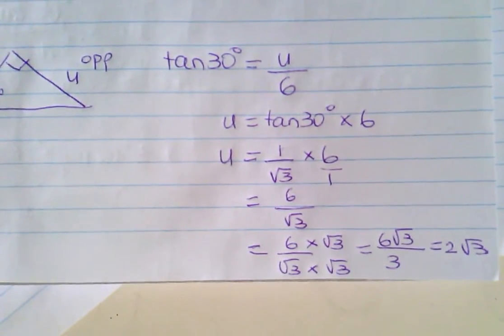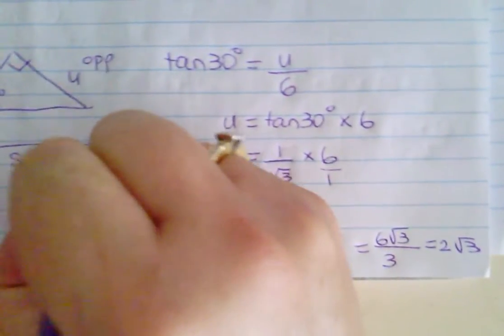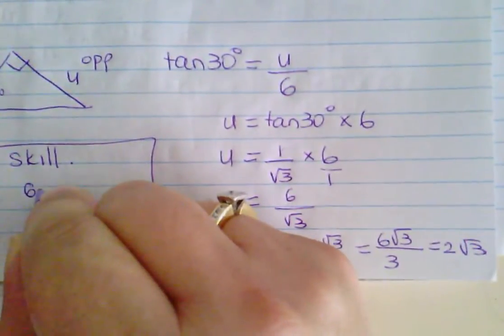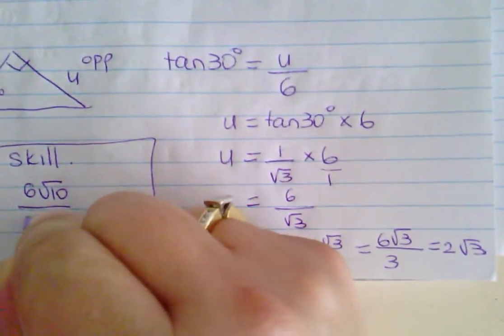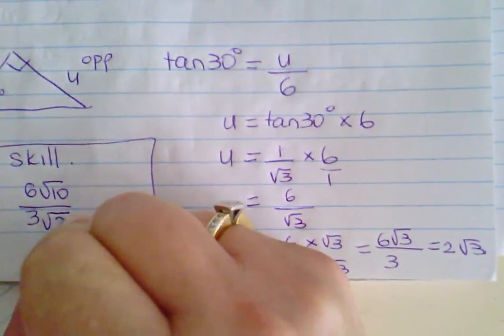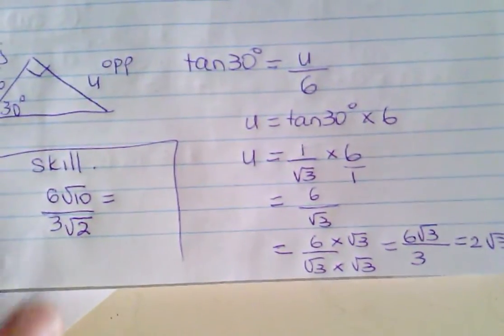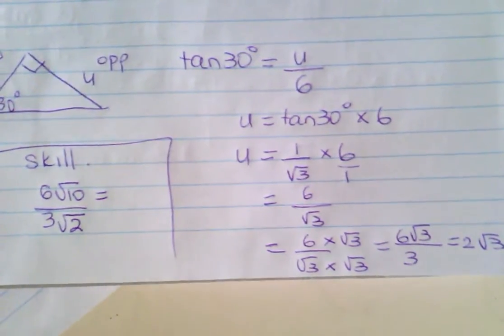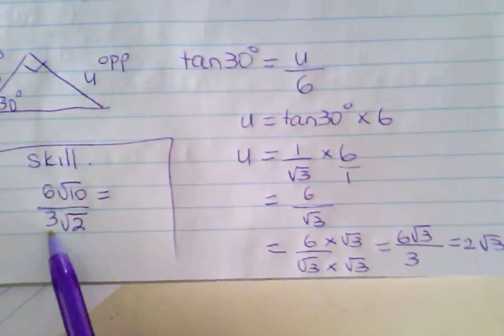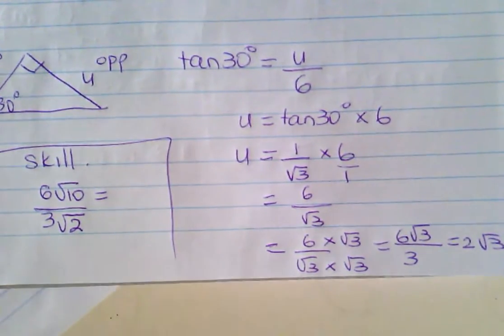That brings me to doing something like this, a little skill check. Let's say I had 6 root 10 over 3 root 2. See if you can work out what to do here. It's divide. So divide the whole number bits. You know how I just did this with multiplying? Same rule with dividing.